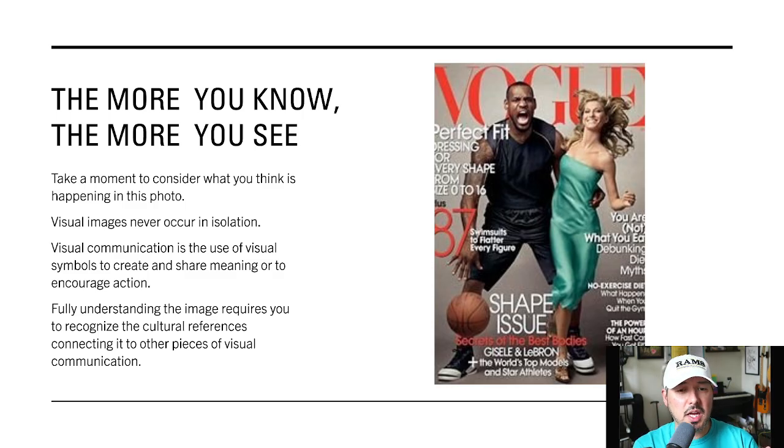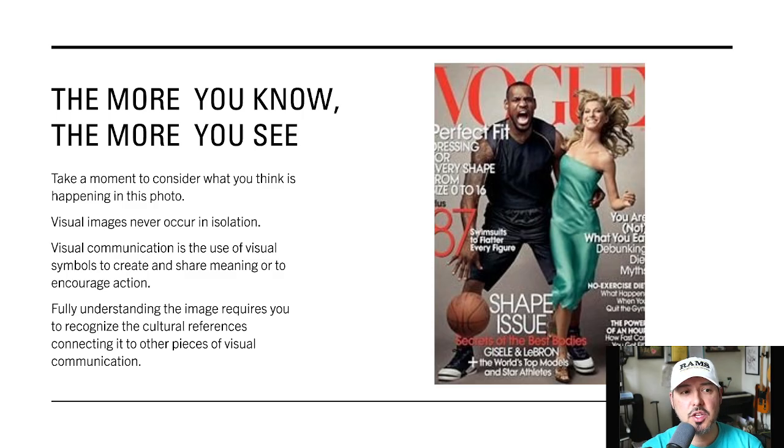But there's a lot of other cultural context you need to consider to understand why this was an extremely controversial image when it hit the newsstands for Vogue magazine. So visual communication is the study of that.